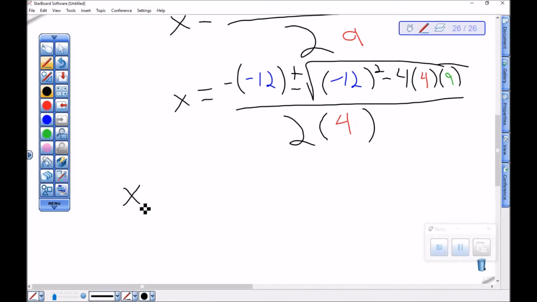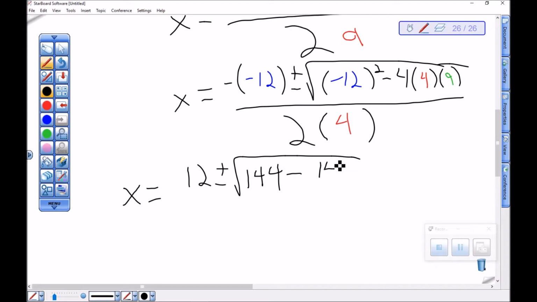So I've got x is the opposite of negative 12, which is positive 12, plus or minus the square root. Negative 12 times negative 12 should be positive, and it's positive 144. I only see the minus sign, there are no negatives, so minus 4 times 4 is 16 times 9. 16 times 9 is the same as 4 times 3 times 4 times 3, which is 12 times 12, which is 144.